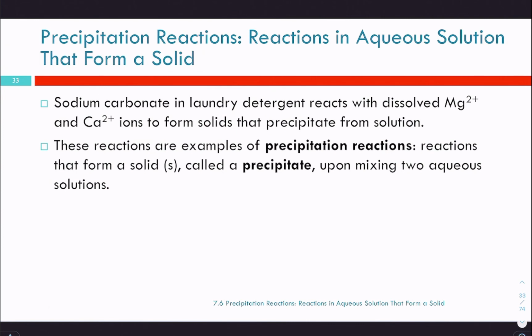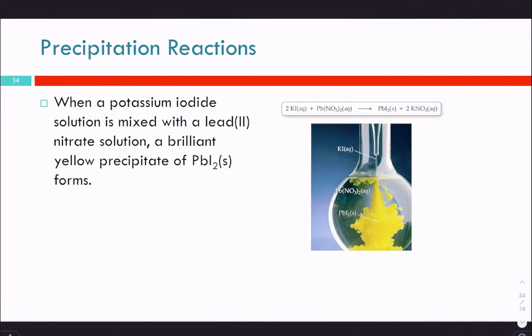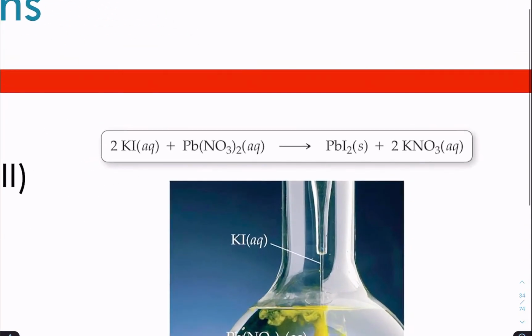We're forming a precipitate upon mixing two aqueous solutions. So we have potassium iodide solution mixed with lead nitrate. You get a brilliant yellow precipitate of lead iodide. Part of the way you know that, just by looking at the chemical equation here, is that we have aqueous and aqueous forms a solid and another aqueous compound.